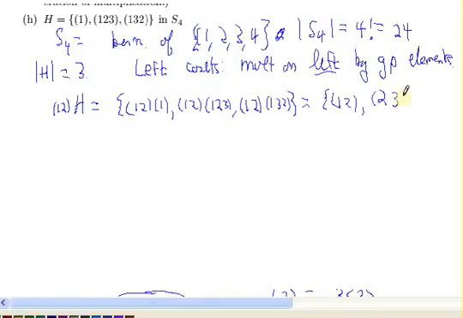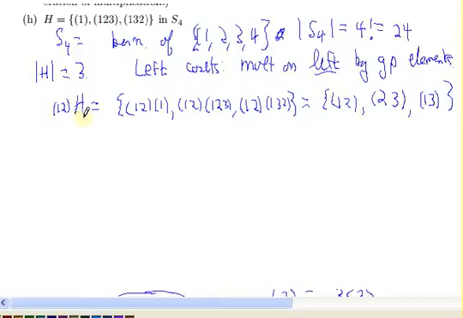So the second one is (2 3). How about this one here? 1 goes to 3, 3 goes to 2, 2 goes to 1. And you can check that 2 goes to 1, 1 goes to 2. So this is the result I get when I take the permutation (1 2) times the group H.